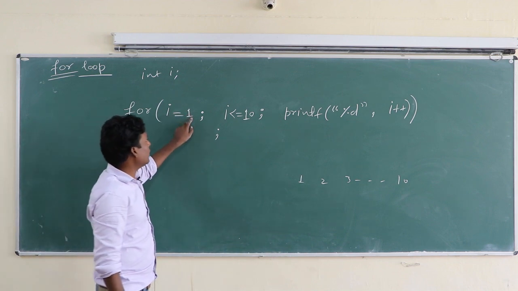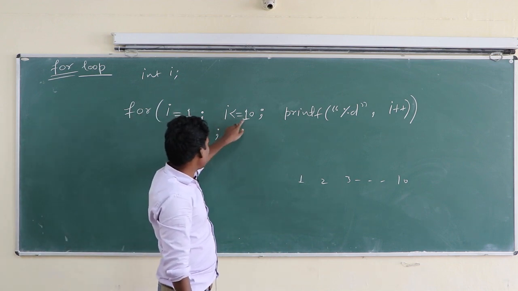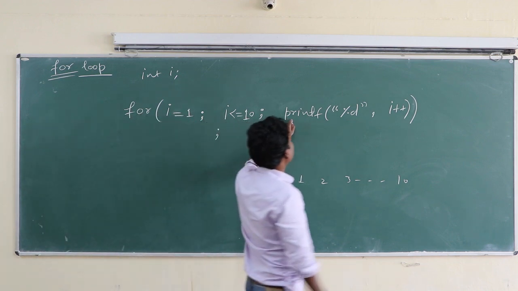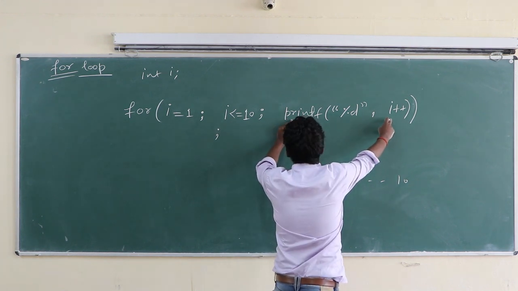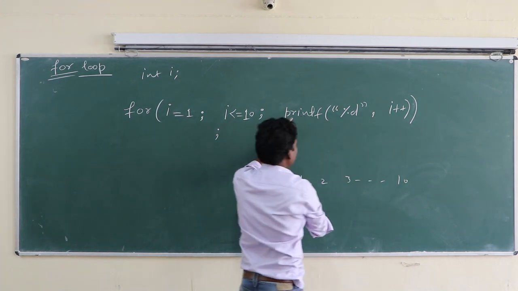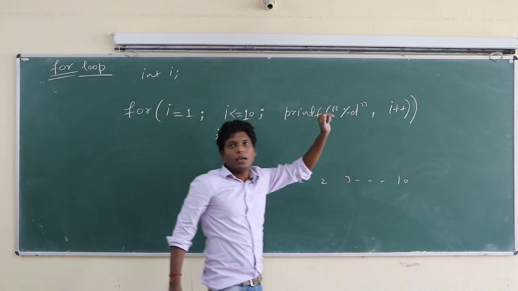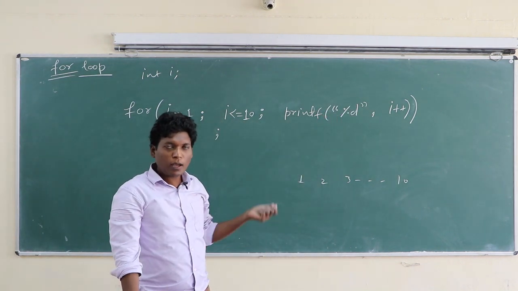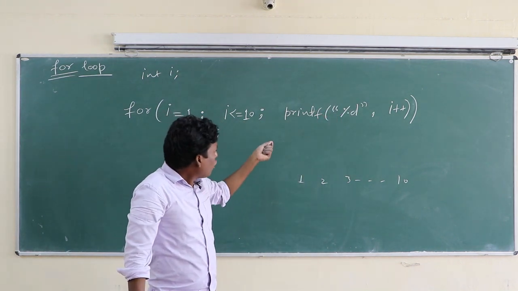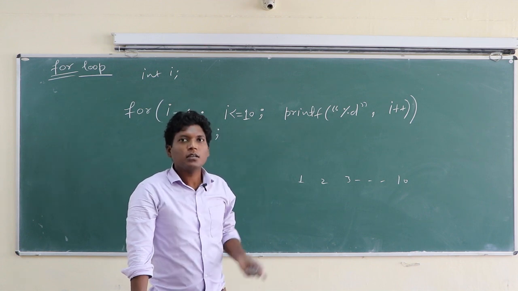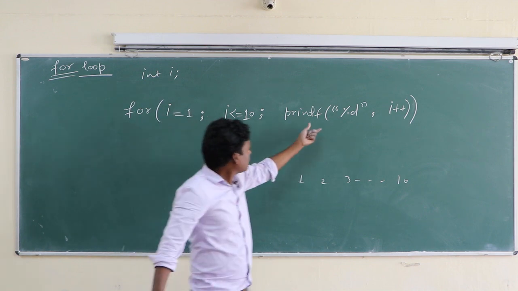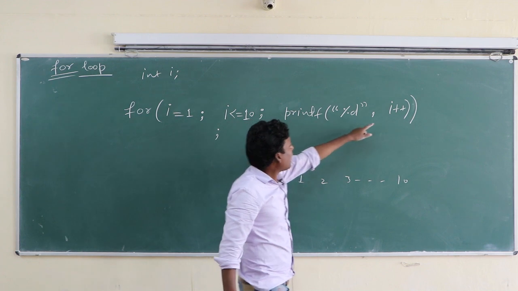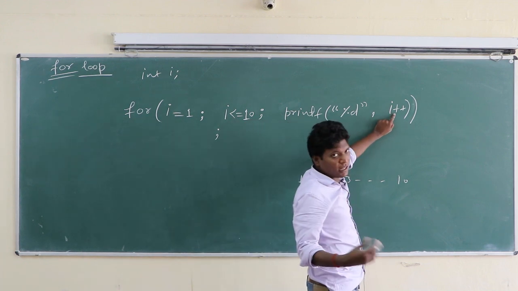Class, here i equal to 1 is initialization, i is less than or equal to 10, yes. printf %d i, so 1 will be printed, and i plus plus. Here the output and increment are both done simultaneously, but i plus plus works at the end of the loop.